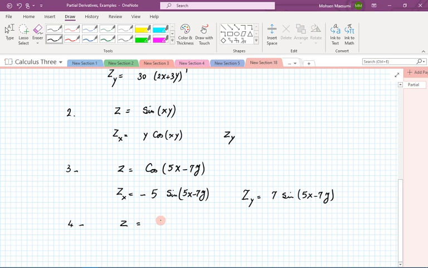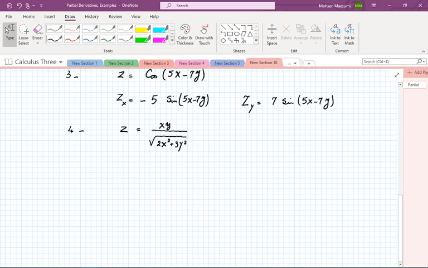Say x times y over square root of 2x squared plus 3y squared. So we are making the problem gradually more crowded. Let's just go after z sub x, and I leave the other one to you.